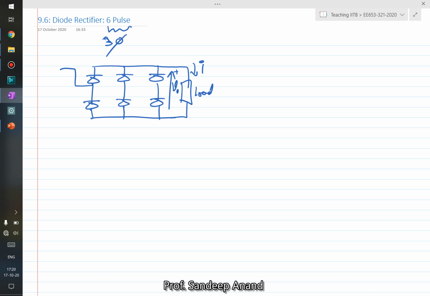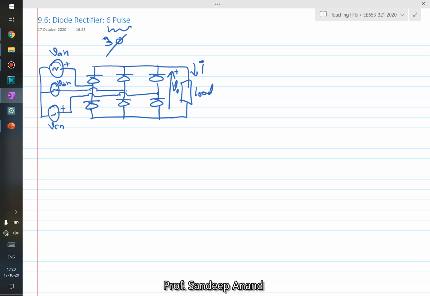And each of these is connected to one of the voltage sources: voltage source VAN, VBN, and VCN. Right, and there are six diodes.